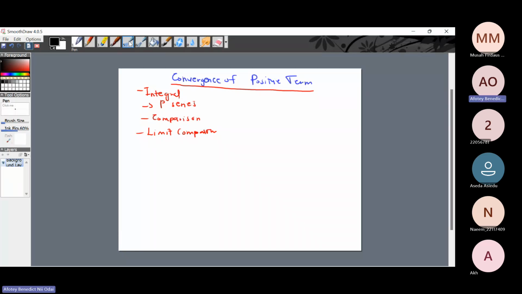So let's start with the integral test. Let's take a question on the integral test. I'm trying to guess a question that will make sense.